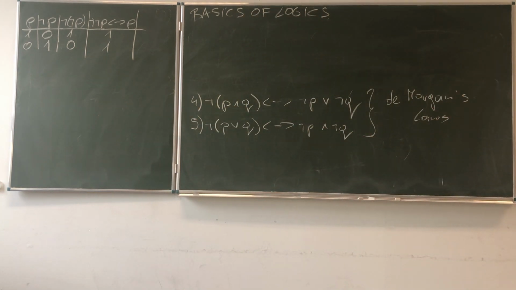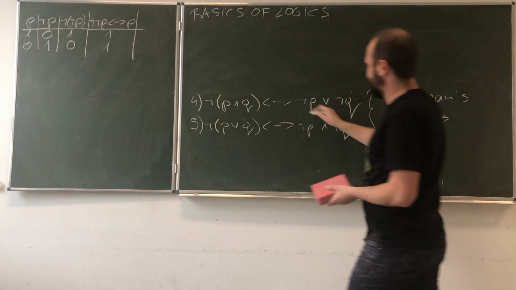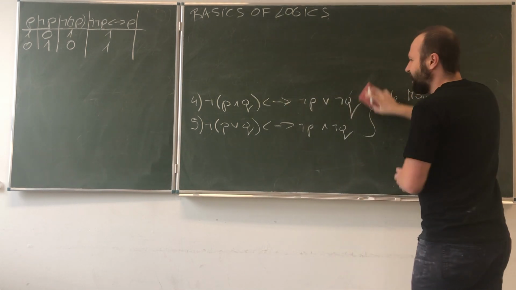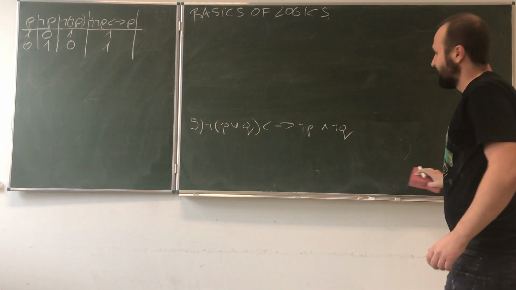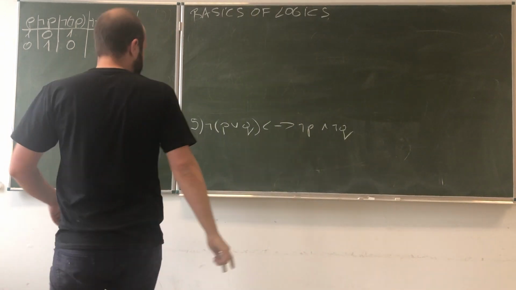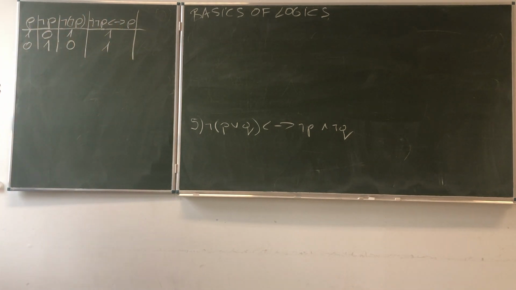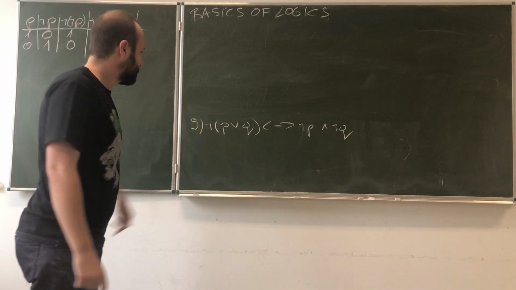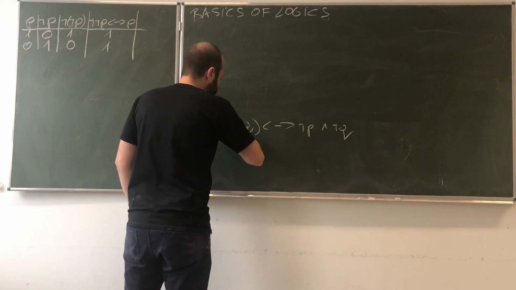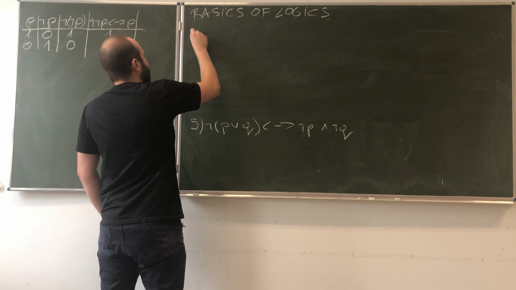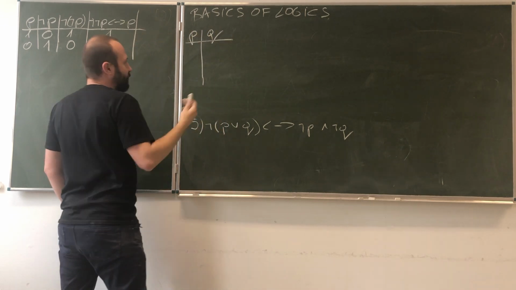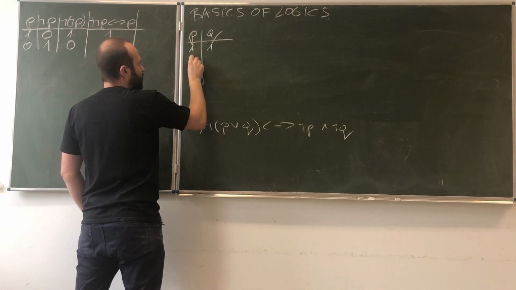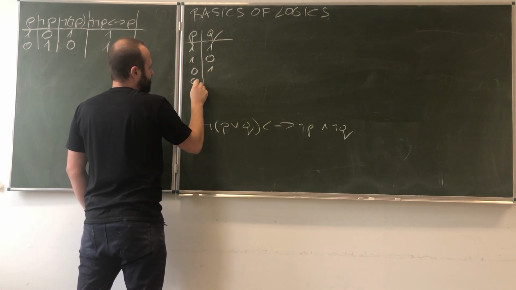Okay, so now let's maybe try to prove the first one of the De Morgan's laws. Or maybe the second one, because I need more space on the whiteboard. Okay, so look, when we prove a statement that involves two substatements, we write it as P, Q. And look, here we have four different possibilities: 1, 1, 1, 0, 0, 1, 0, 0.